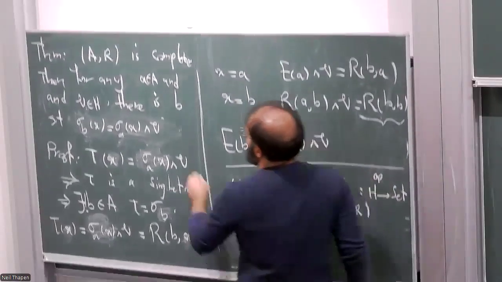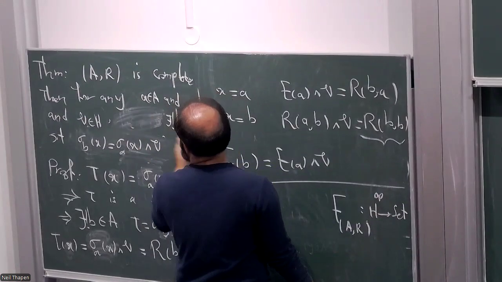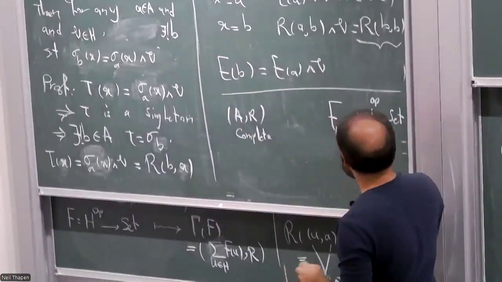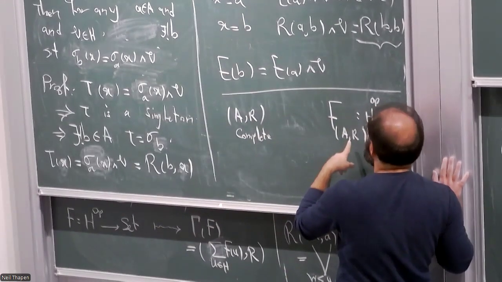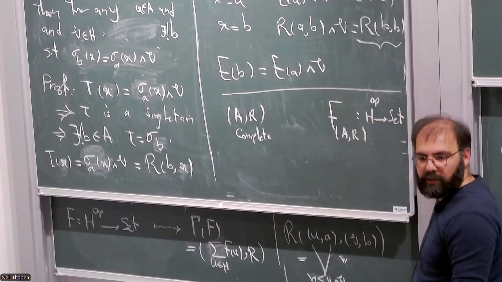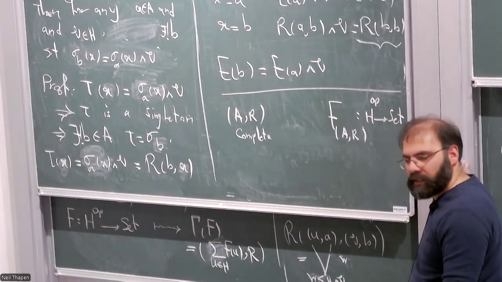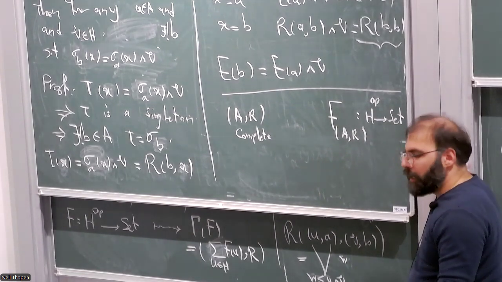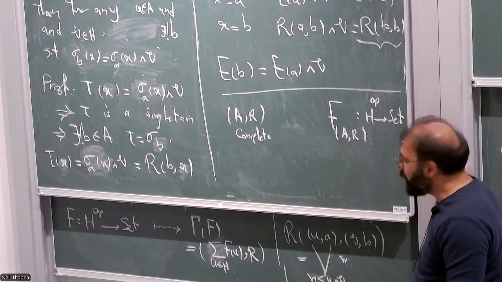Now I can say, unique B such that. So the point is that if you have something complete, then you can define at least the structure of a functor. And it is easy to check that it is actually a real functor. And there I need that uniqueness that Adam mentioned.